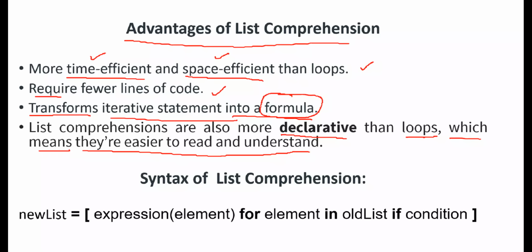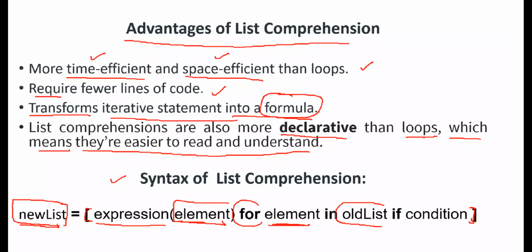If you see the syntax of list comprehension, here I am creating a new list, new list is equal to, and in list comprehension you always have to keep the expression in square brackets. Here I am writing the expression, for that I am taking for each element in old list.